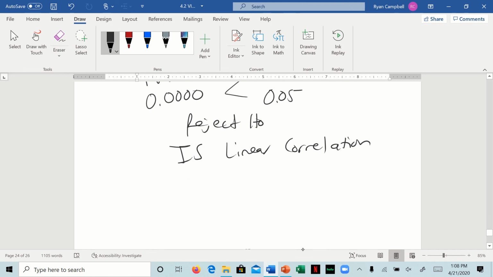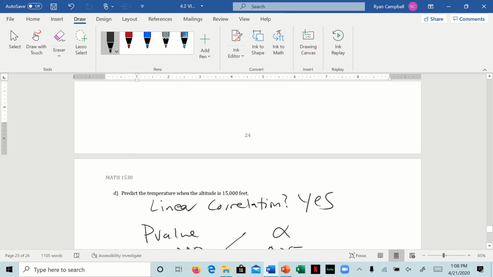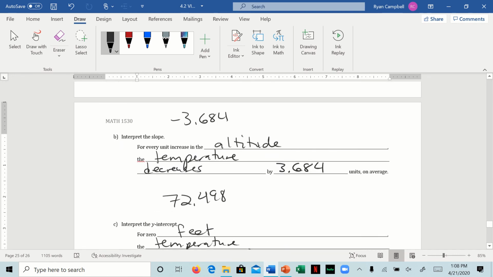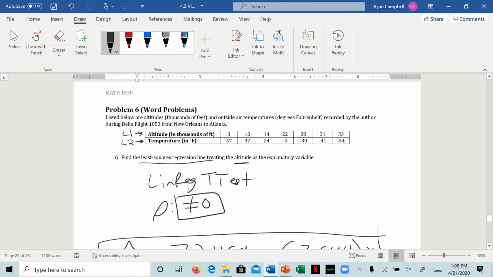So here's my question. Are we going to plug in 15,000? Because that's what it says, right? 15,000 feet. So we just plug in 15,000, right? No. Why? What units is the altitude in? It's in thousands of feet.